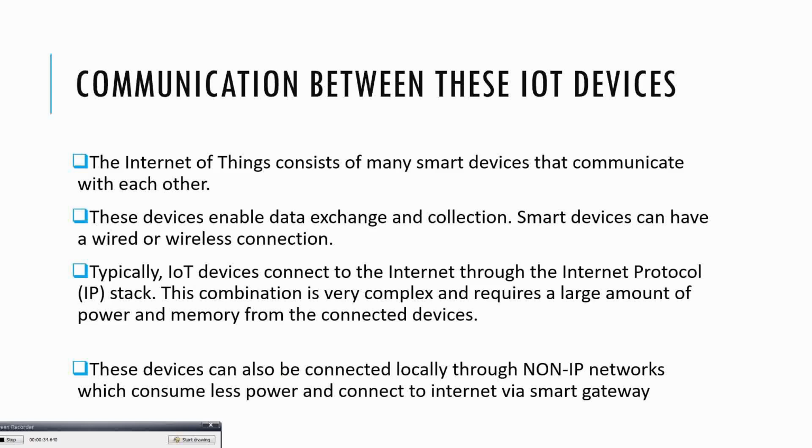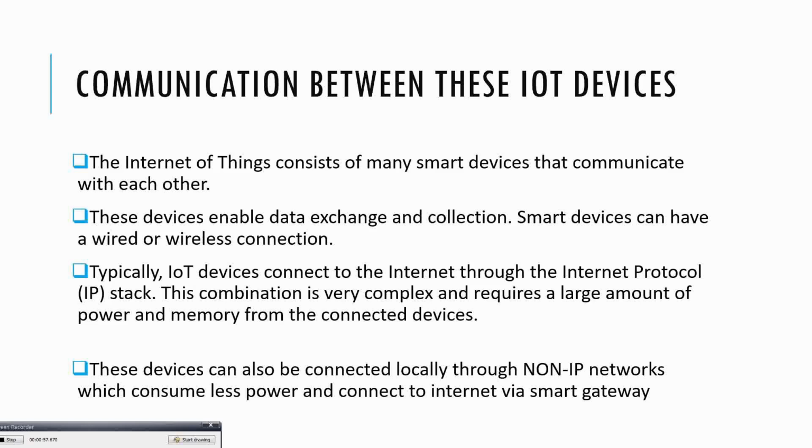The Internet of Things consists of many smart devices that communicate with each other. These devices enable data exchange and collection. Smart devices can have a wired or a wireless connection. A typical IoT device connects to the internet through the Internet Protocol (IP) stack.